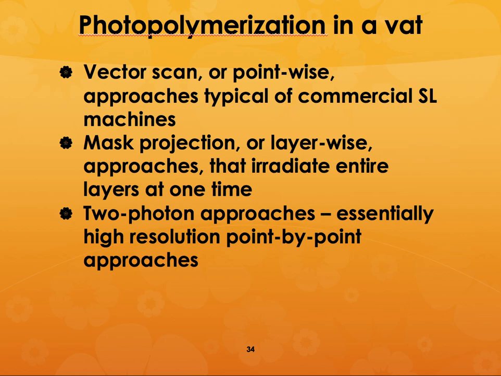You can have two ways of doing this. One is by mass projection or layer wise, so you irradiate the entire layer in one shot, or you can have a point by point approach to irradiate the resin layer.